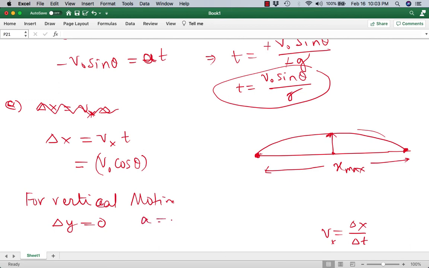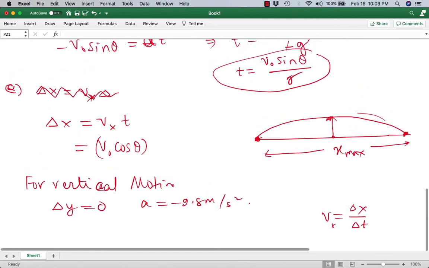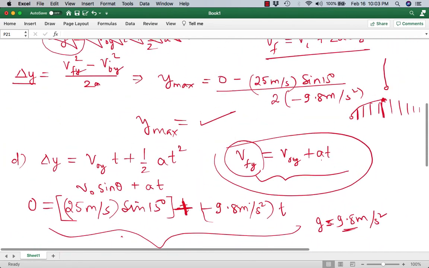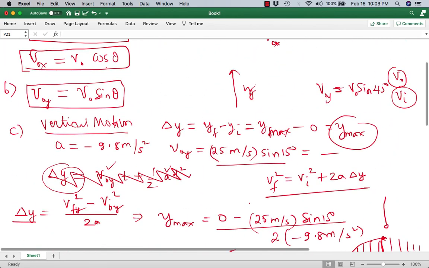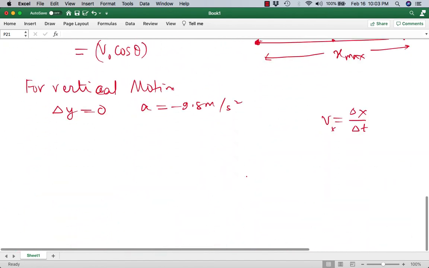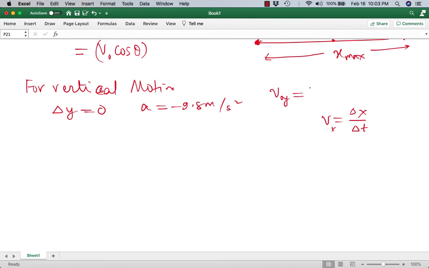And then a is negative 9.8 meters per second squared. And we also need the initial velocity here, so we need V0y. So V0y is V0 sine theta.